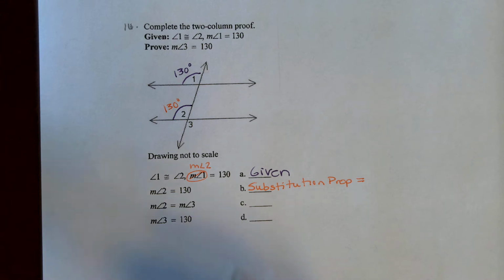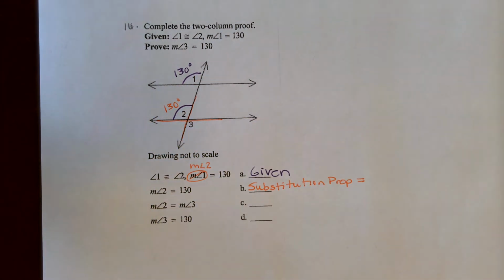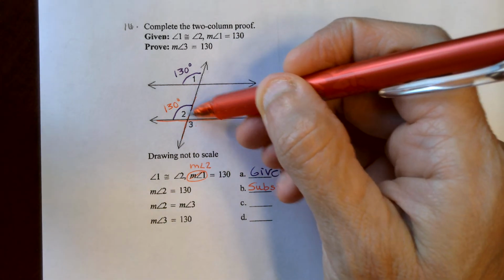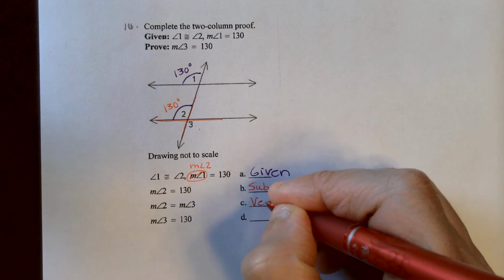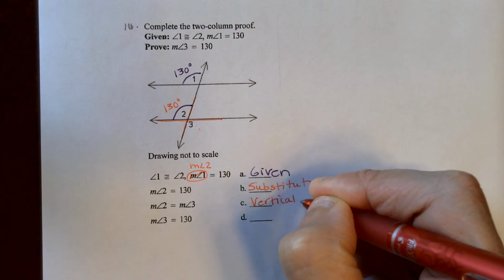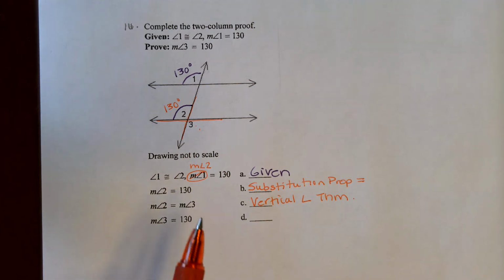And I'm hoping you recognize the two crossed lines, which tells you they are vertical angles. So the vertical angle theorem, and that's my abbreviation for it, is what tells you that any pair of vertical angles are equal. They have equal measure. They're congruent angles, they're equal measure.